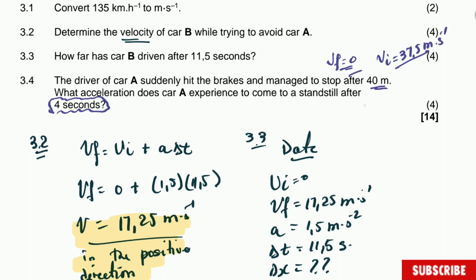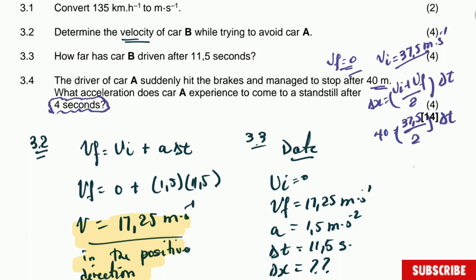40 meters. Okay, so if you do that, we can use the following formula. Displacement is equal to initial velocity plus final velocity divided by 2 multiplied by time. Let's calculate the time. So if the displacement is 40, like they say, and we substitute, the initial is 37,5, the final is 0. I'm not going to write it, guys. I hope you are following me right now, looking for the time.